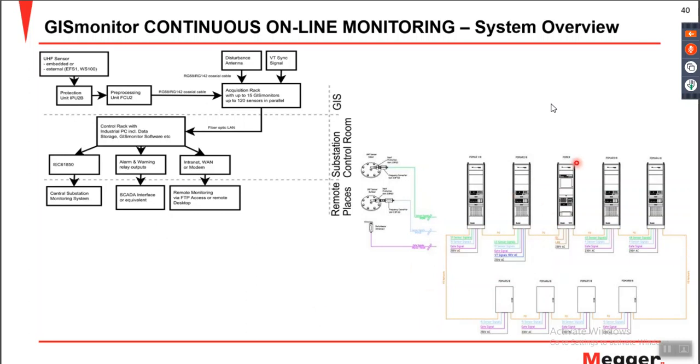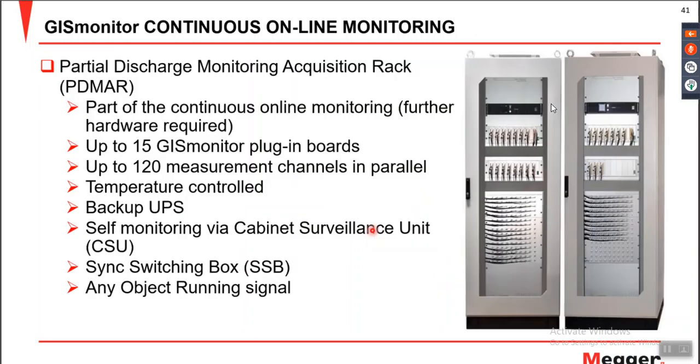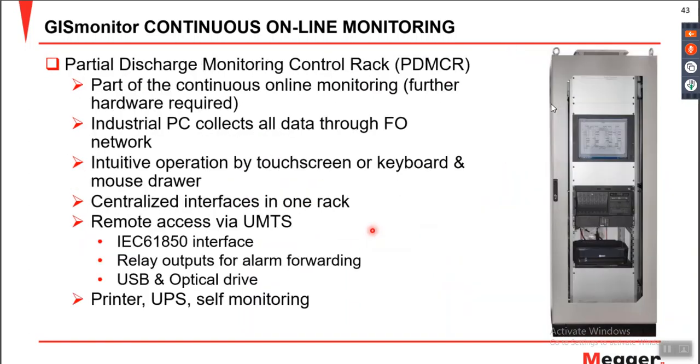And as I explained, from the control rack you can take the data remotely into your central substation monitoring system or your SCADA, or if you provide internet on your PD monitoring control rack, then we can access this panel and do the analysis remotely as well by sitting at any corner of the world. So this is about the complete architecture of our system. Now coming to the software.